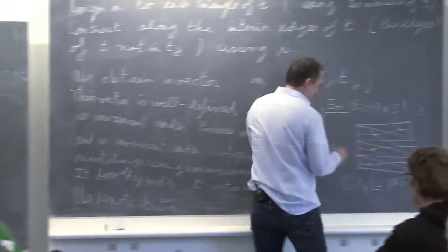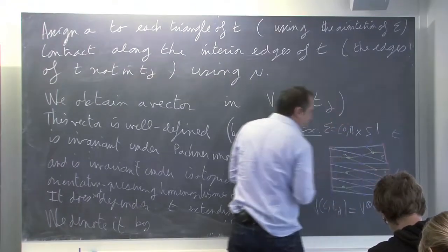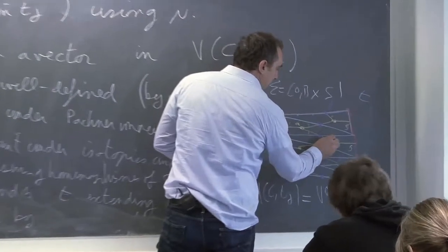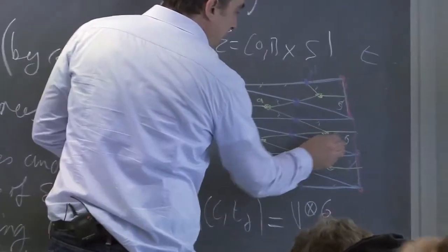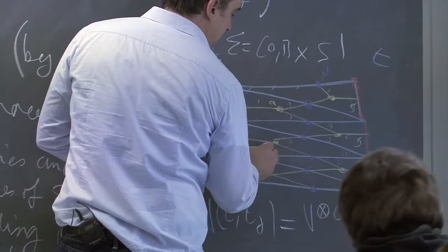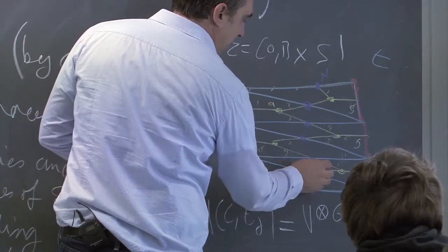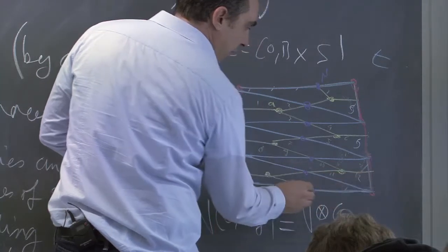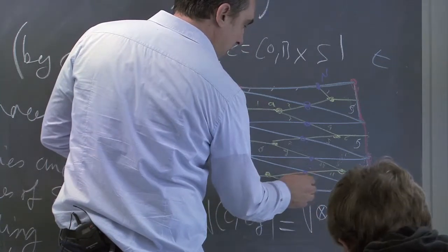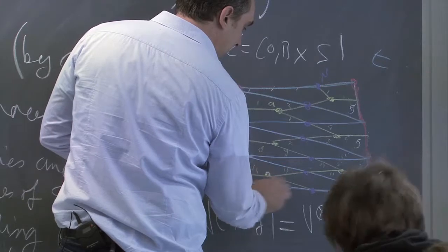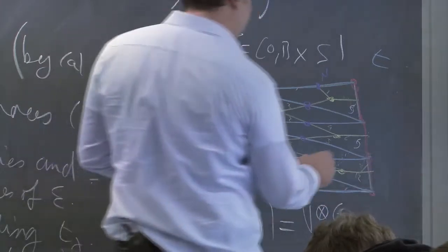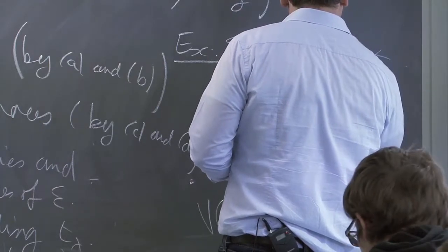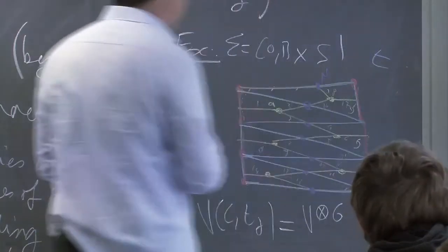So we need to put an orientation of the surface. So it's 1, 2, 3, 4, 5, 6, 7, 8, 9, 10, 11, 12, 13, 14, 15, 16, 17, 18.